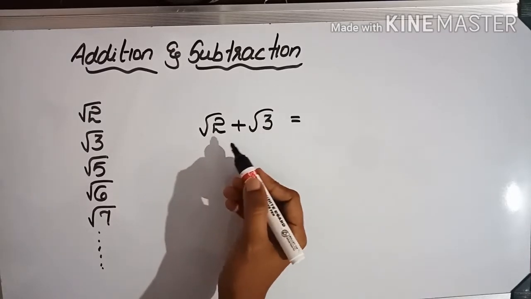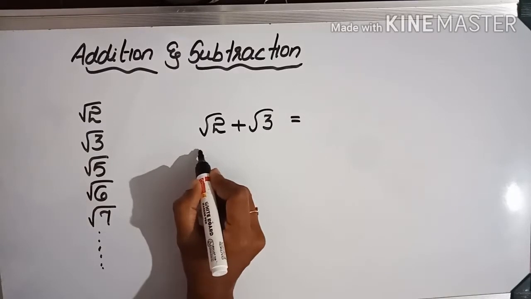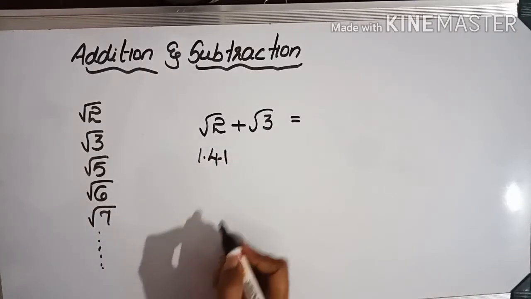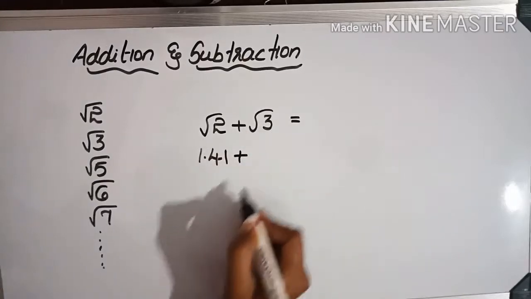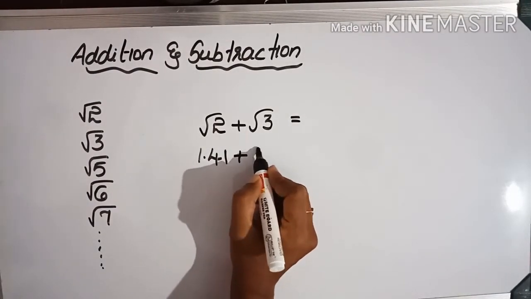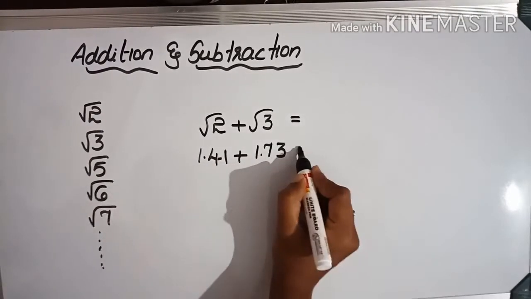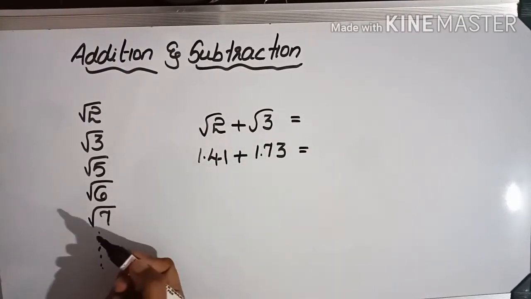Root 2's approximate value is 1.41, plus root 3. What is the approximate value of root 3? It is 1.73. Then we can add. Directly it is not possible to add.